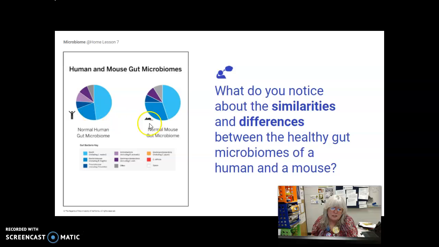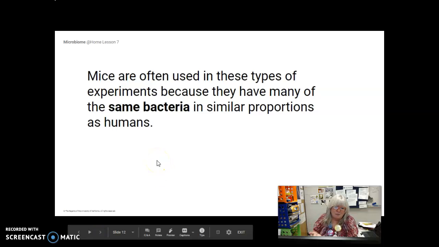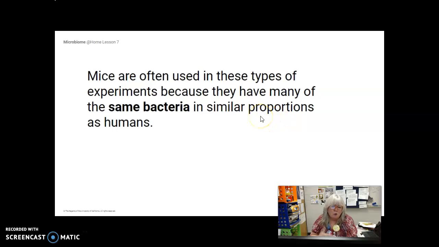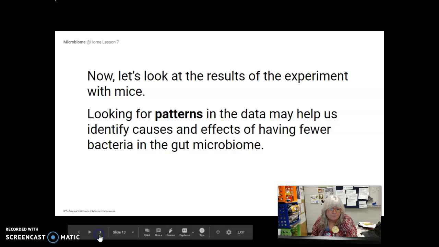Potentially, this one looks a little bit different here, but it's pretty close to having the same amounts of bacteria in a human gut as compared to a gut from a mouse. So we have a lot of the same proportions of the similar bacteria.